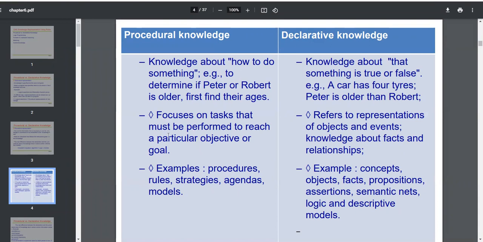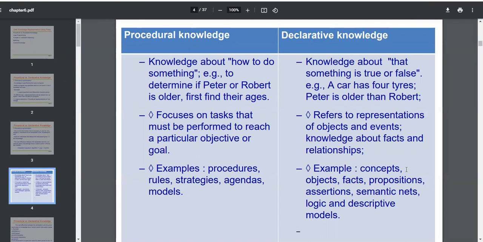In procedural knowledge, the focus is on tasks that must be performed to reach a particular objective or goal. While declarative knowledge refers to representations of objects and events, and knowledge about facts and relationships. In procedural knowledge, the examples are procedures, rules, strategies, agendas, modules, etc. While in declarative knowledge, you have concepts, objects, facts, propositions, assertions, semantic nets, logic, and descriptive models.